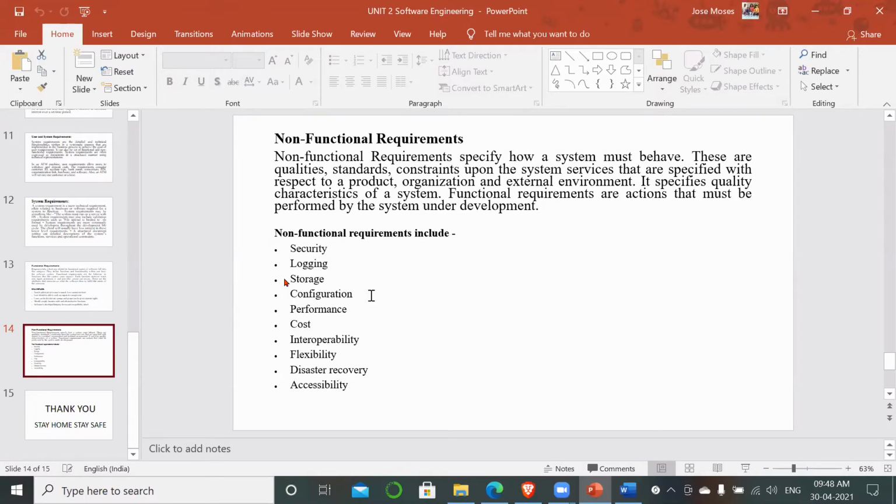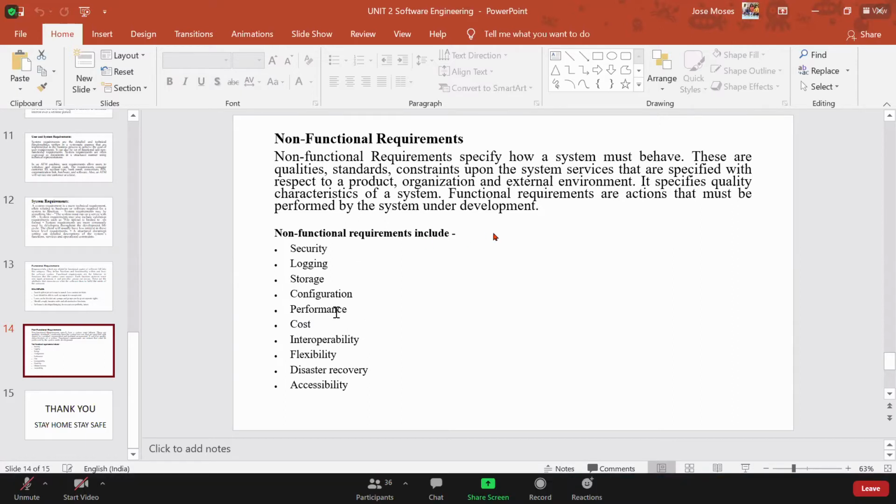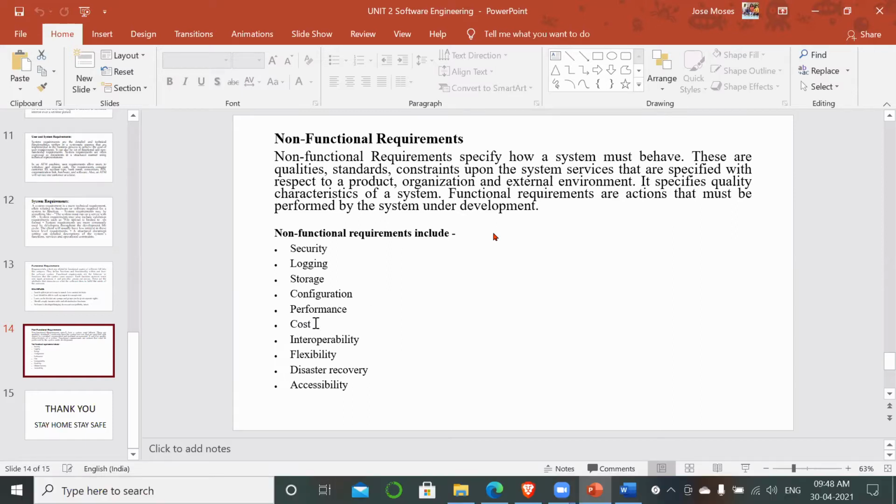Configuration is the system configuration we have already seen, right? Or configuring a system or a product. You will be just checking whether it works or not. Performance is to check whether it is working in a fast, medium, or slow manner. Cost is high or low, like that. So nowhere in non-functional requirements do you have any functionalities.